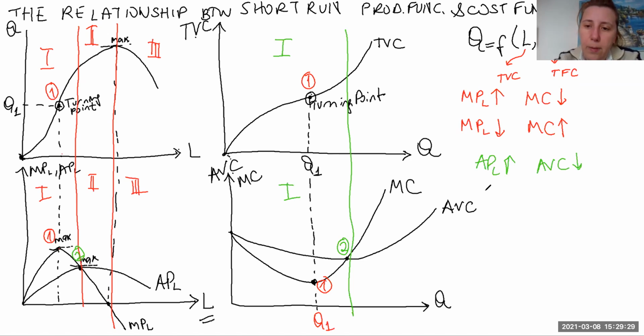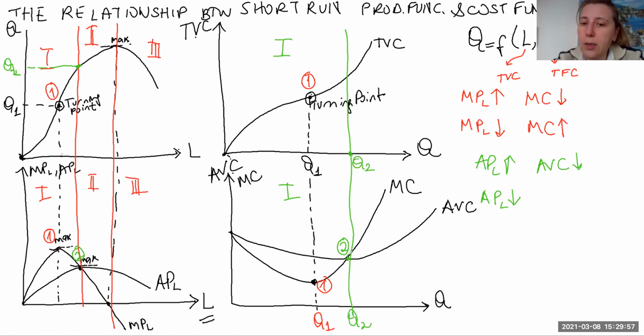And the same when the second part of the production, average product of labor, starts to decrease. And this point is also same here. Let's also write it. Here at the maximum point of the average product of labor, the level of output, let's say Q2, and this point is also Q2.